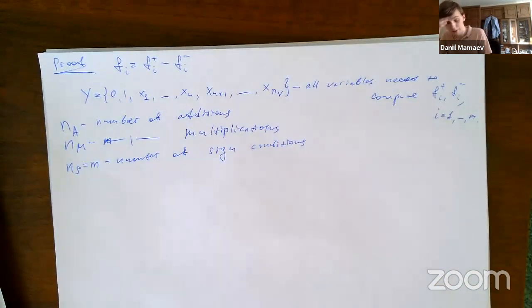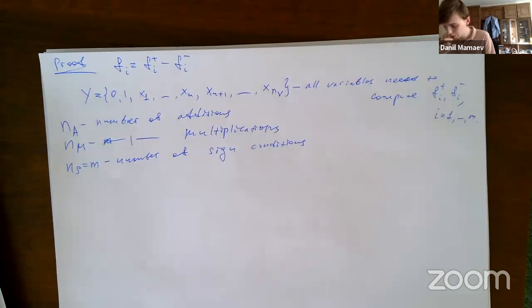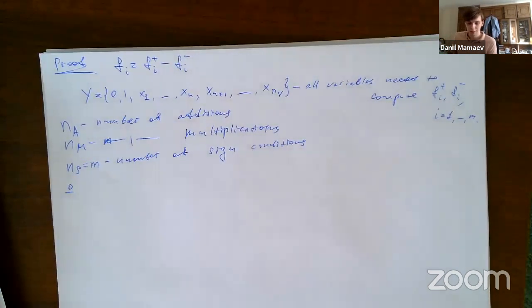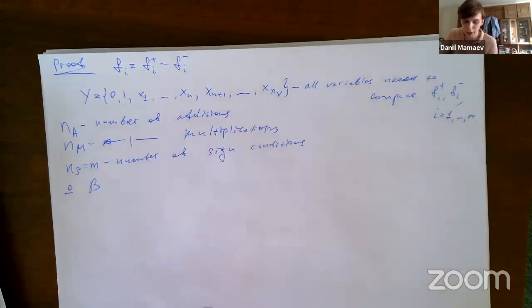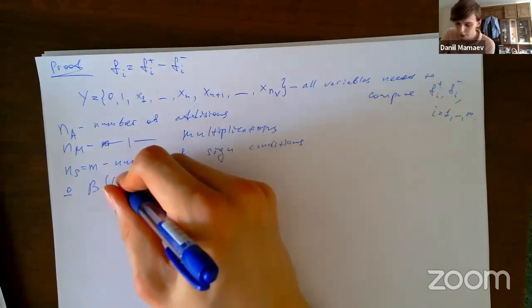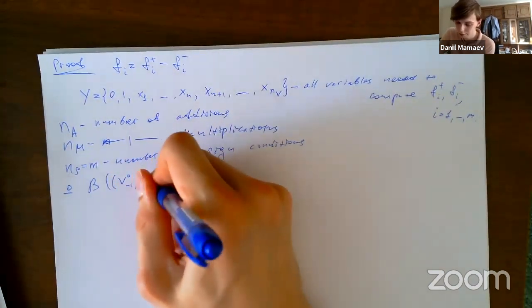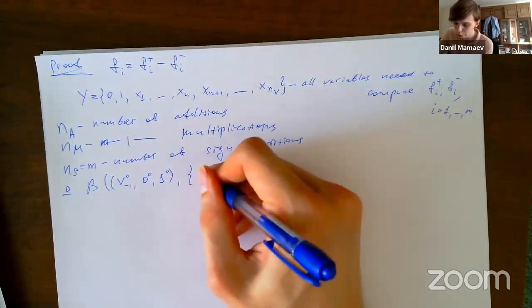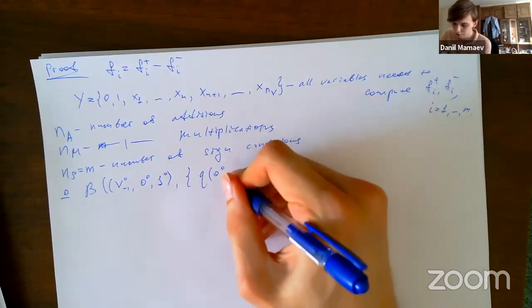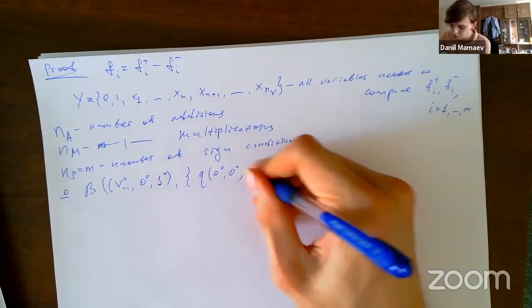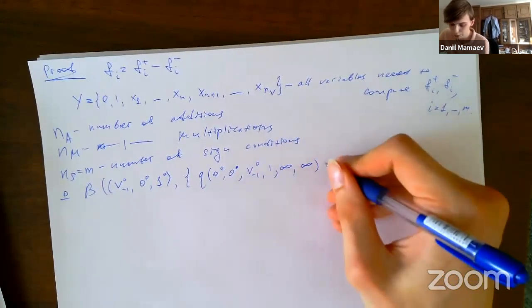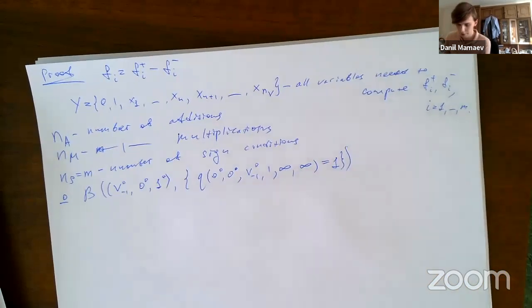And NV is the number of variables. Now we introduce several clusters. First, we say that there is -1. So we introduce a cluster with 3 variables and 1 relation, namely that 1 plus -1 is equal to 0. This is our first cluster.